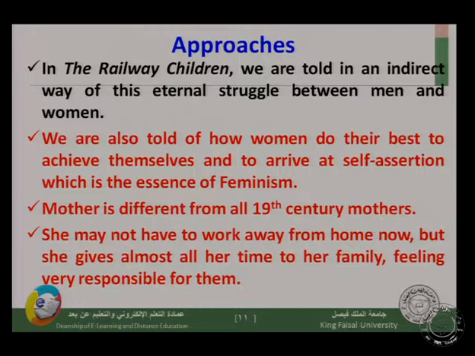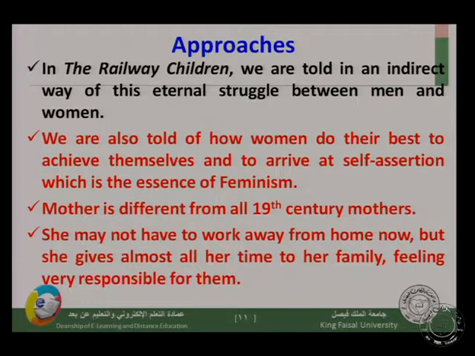Not many readers would like a woman writer to keep supporting women in this way. They would just shun it. No, she does that in an indirect way. We are also told of how women do their best to achieve themselves and to arrive at self-assertion, which is the essence of feminism. What is the essence of feminism? Self-assertion, achieving themselves.